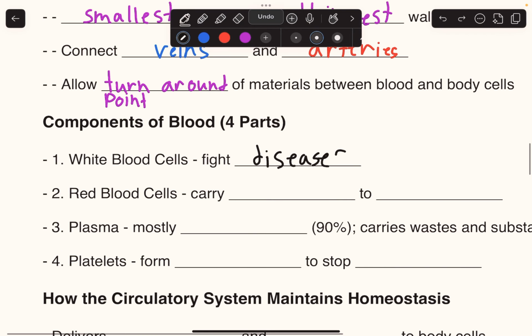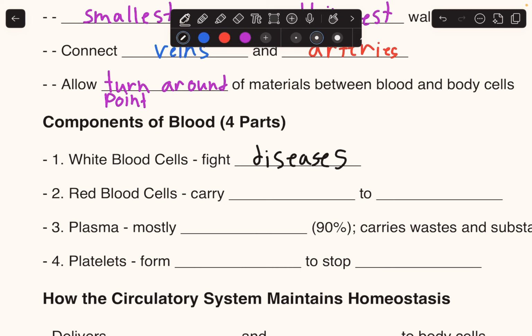They fight diseases. These are the blood cells that are basically at a site of disease or injury. When you scrape your knee or your elbow, they stay there, so diseases are not allowed to come in and infect the site of injury.